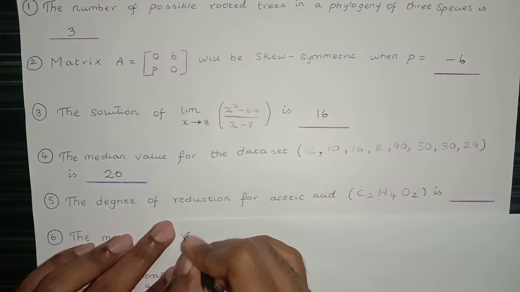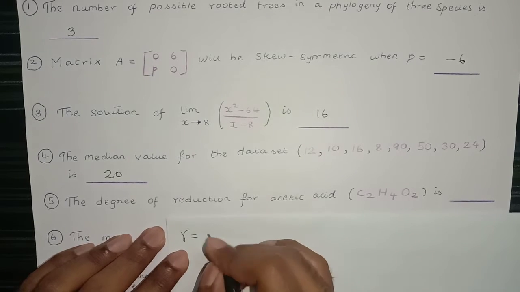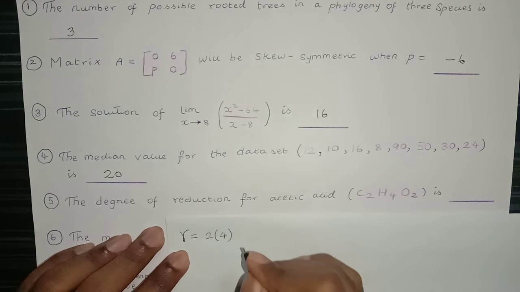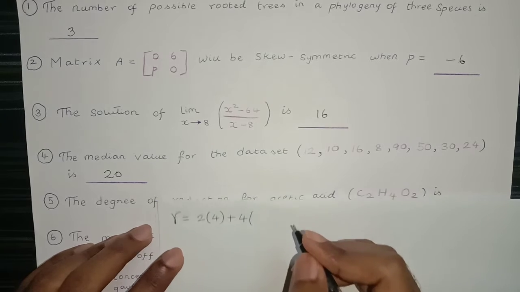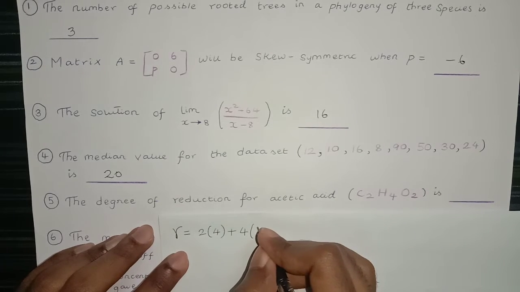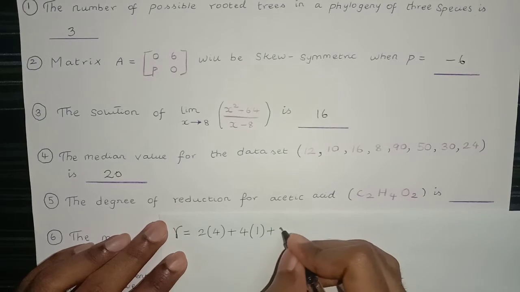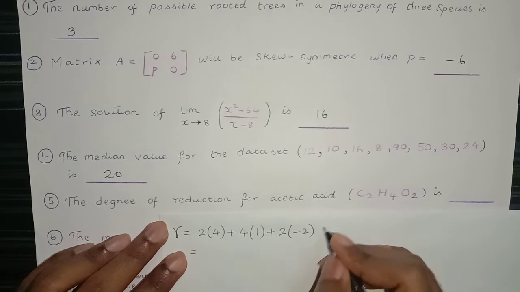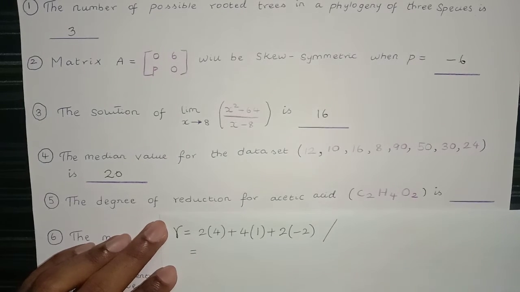Say degree of reduction is denoted by gamma, which is equal to number of available electrons. There are 2 carbons and each carbon has 4 available electrons or the valence electrons, plus 4 hydrogen, and each hydrogen has 1, plus 2 oxygen, and the valency of oxygen is -2. Therefore divided by the number of carbons or the moles of carbons.